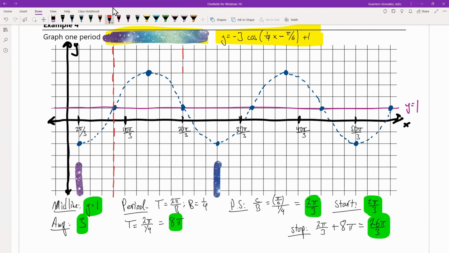One right there. One right there. One right there. One right there. And then one right there. We have everything we need.